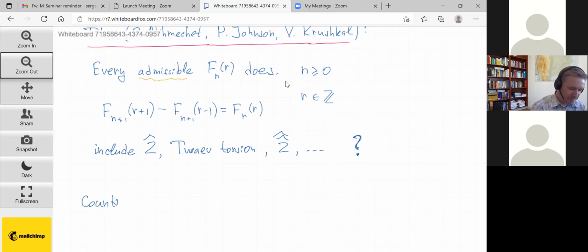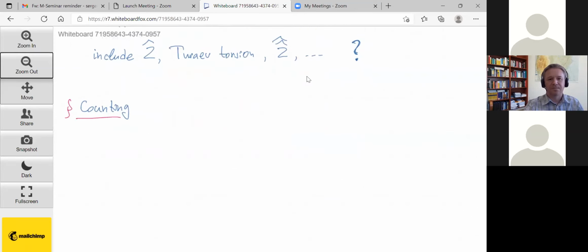Sergei, you're confused again. It's a mathematical theorem that if you choose an admissible F n r, then you get something invariant with respect to Kirby moves. So this is a mathematically rigorous result. Correct.